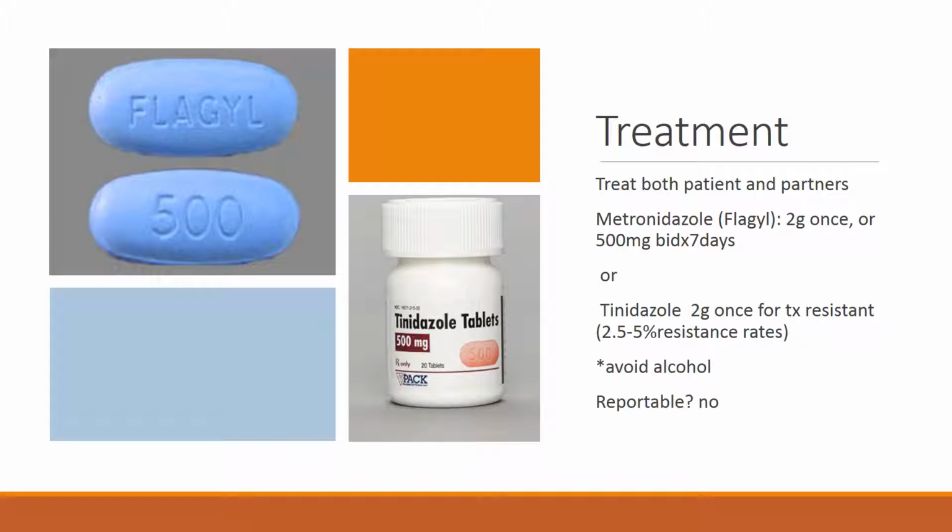If it was in the last 12 hours or so, you probably want to avoid treating them and maybe just send them home with a prescription. That's certainly an option too. And advise them to avoid alcohol while using the medication, and for up to 72 hours after the medication. It can give you a disulfiram-like reaction, so they'll feel really crummy and sick after using the alcohol mixed with this medication.